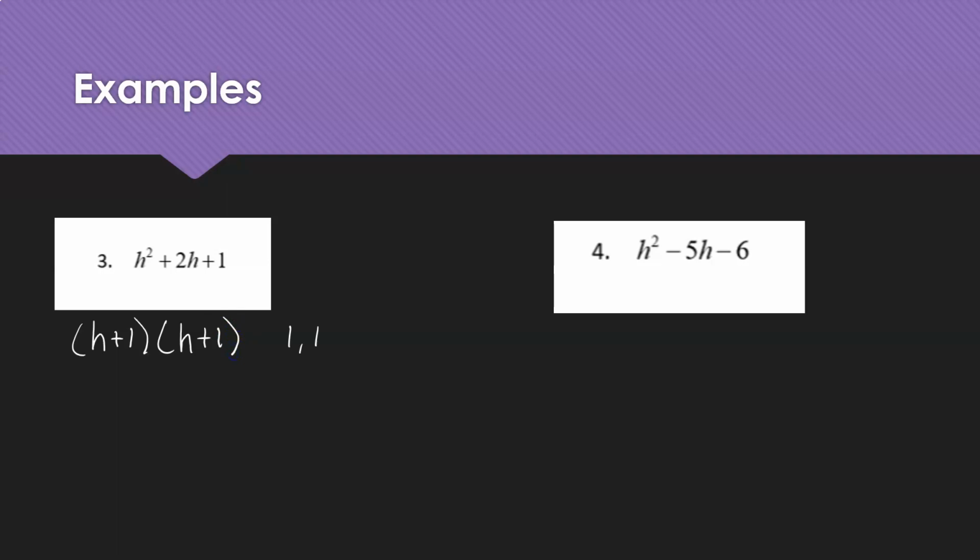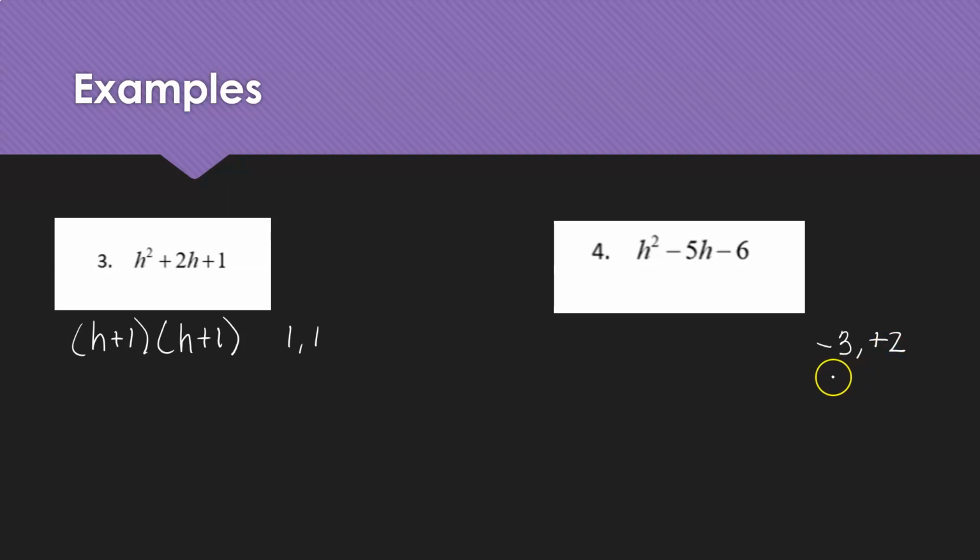Okay? Number 4, we're looking at factors of -6 that when you add them together equal -5. So I have -3 and +2, but that's not going to work.